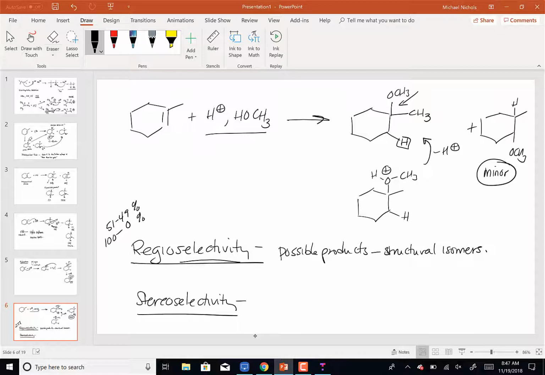So the exact definition would be something like the reaction selects one of two possible structural isomeric products. And that makes the reaction regioselective.